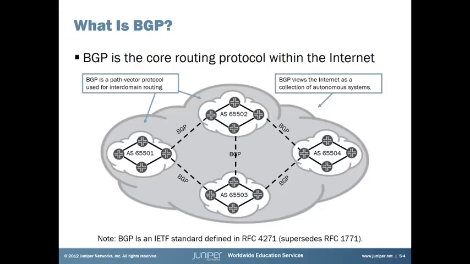Now, we did talk about this a little before. What is an autonomous system? How would you describe an autonomous system? So we describe an autonomous system as a collection of routers that are under the same technical administration.